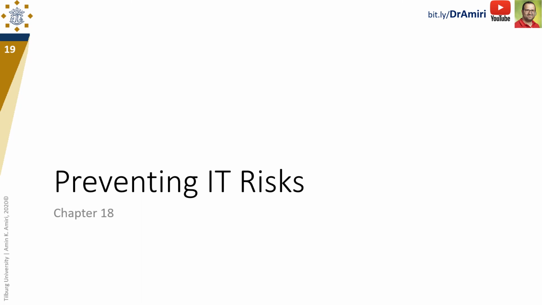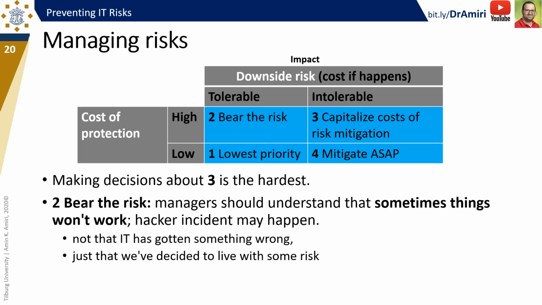Another interesting thing about this chapter 18 was how the CIO tried to prevent IT risk. He had a 2 by 2 table where on one part it has the cost of protection, which would be high or low, and on the other side, it had the downside risk, or the cost if the risk is materialized.